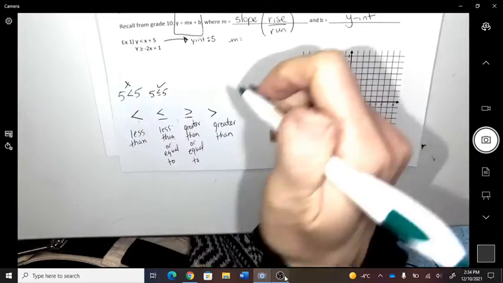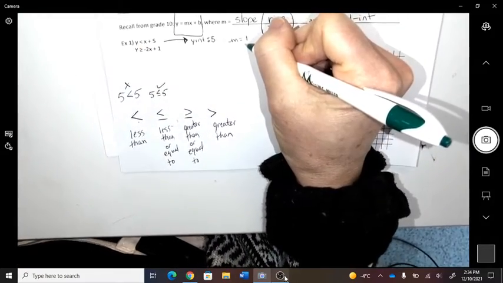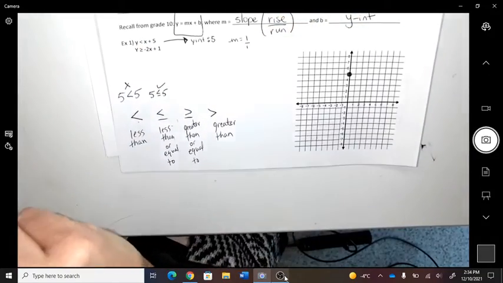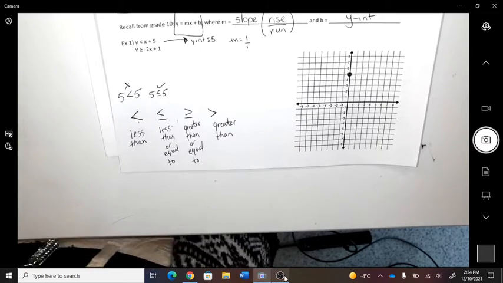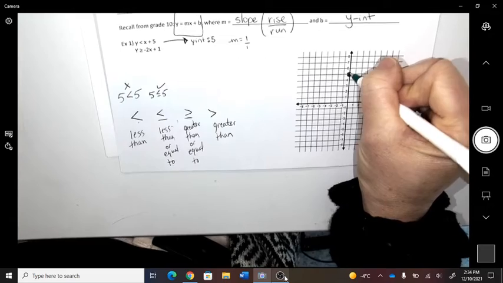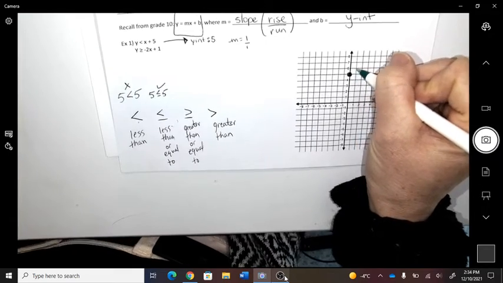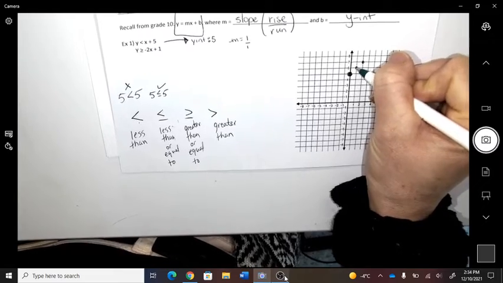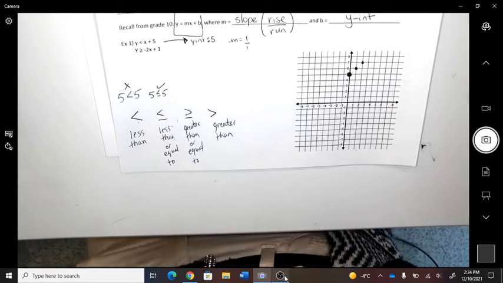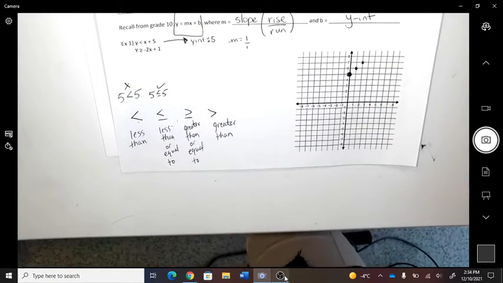It's 1x. So I need to write it as a fraction, so therefore 1 is going to be 1 over 1. So I'm going to go to my point. I'm going to go up 1, right 1, up 1, right 1. And I'm not going to draw a line yet because we have to talk about something. But that's how the line is going to be formed.